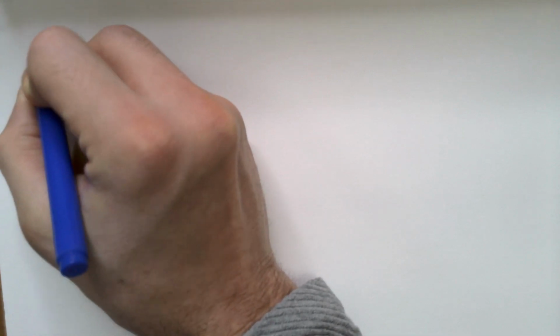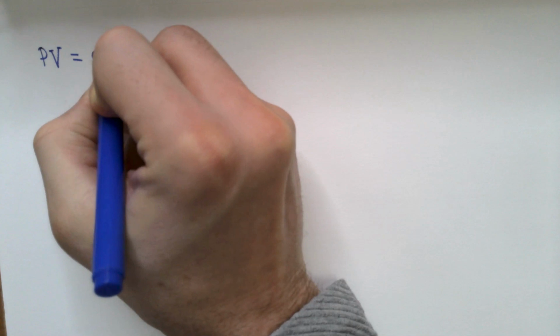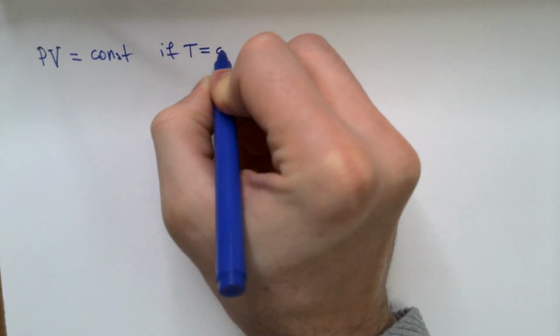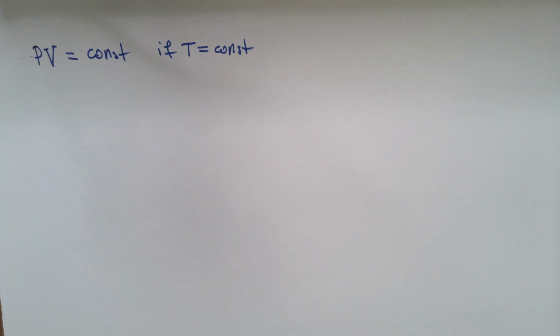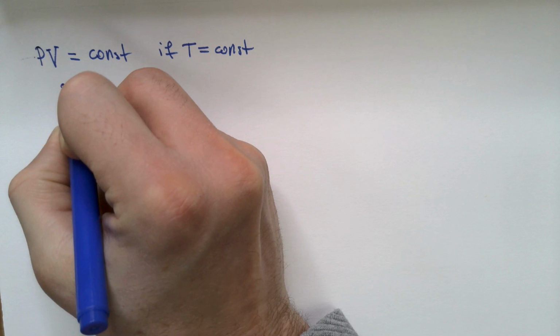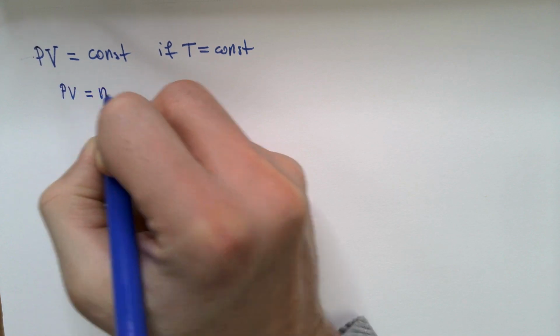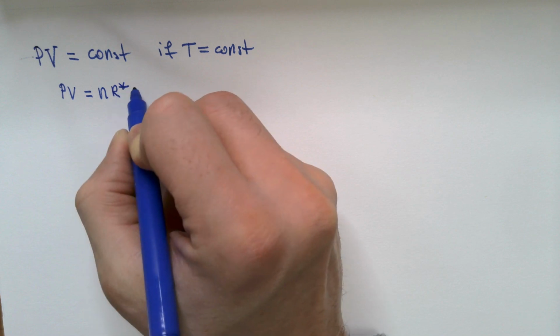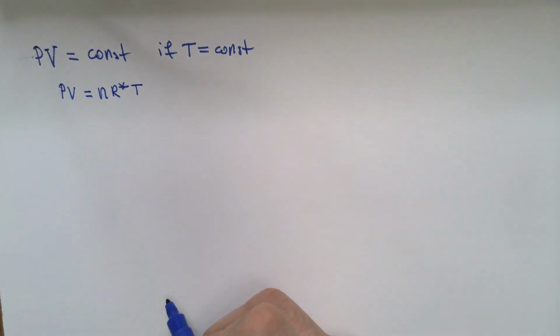Boyle's law says that pressure times volume is constant if temperature is constant. This can easily be derived from the equation of state for ideal gas because we know that pressure times volume is number of moles of that gas times R star, ideal gas constant, times absolute temperature.